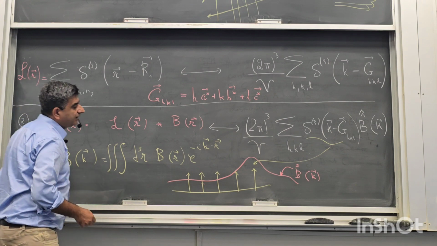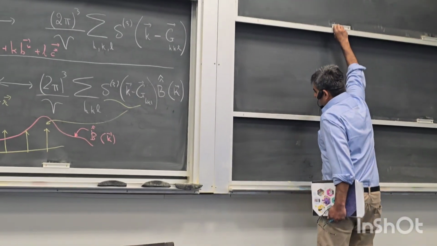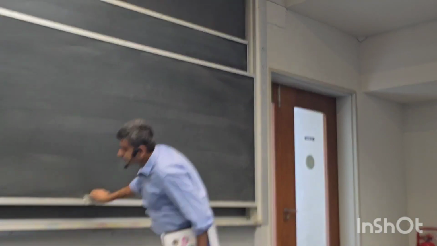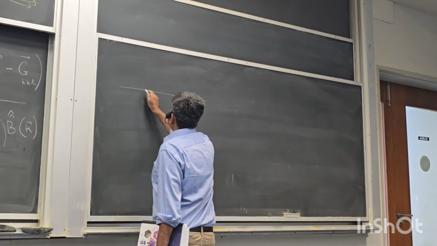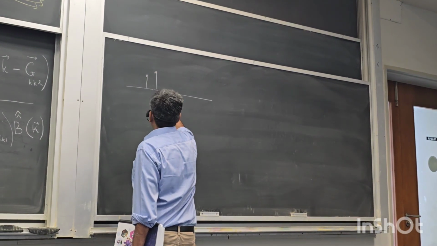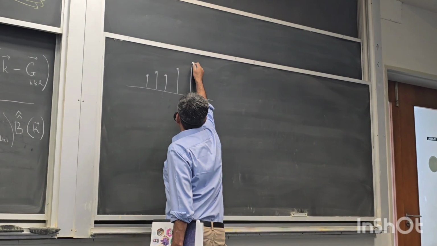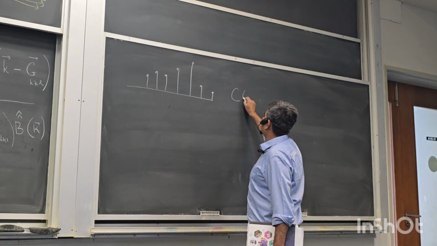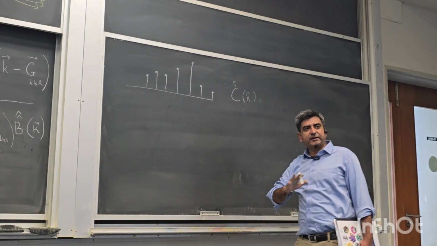This will result in some sequence of points. This will be CK, the Fourier transform of the entire crystal structure.